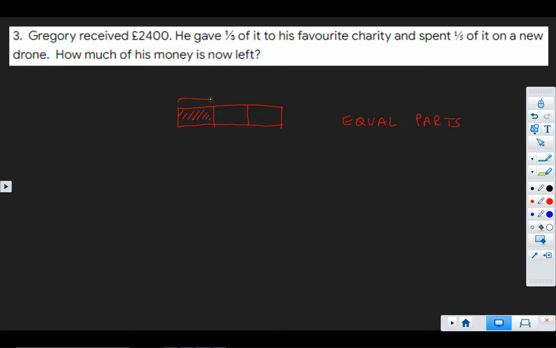And so we started with £2,400. And so to find out what each of these parts is, we're going to divide by 3. Which we see is 800.